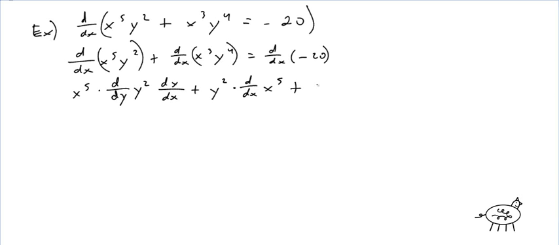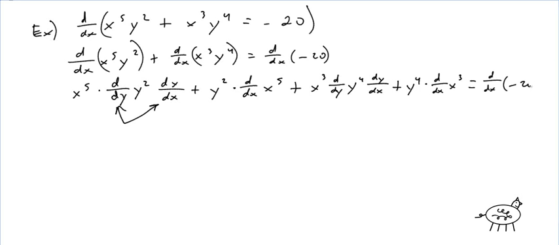Then I'm going to do the next one. It's the first times the derivative of the second, so d by dy of y to the fourth times dy dx. This is important, you have to have both: the derivative of y and the dy dx. So it's the first times the derivative of the second plus the second, which is y to the fourth, times the derivative of the first, equals d by dx of negative 20.